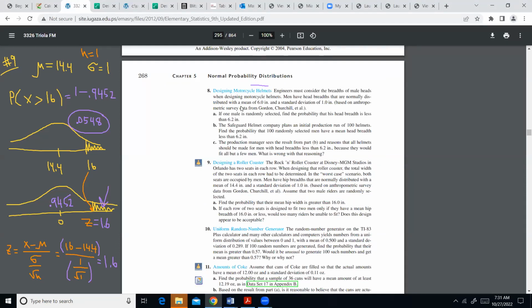Well, in part B, they say each row of 2 seats is designed. So the number of seats is actually 2. And then they ask, again, what's the probability that 2 men have a mean hip of 16?